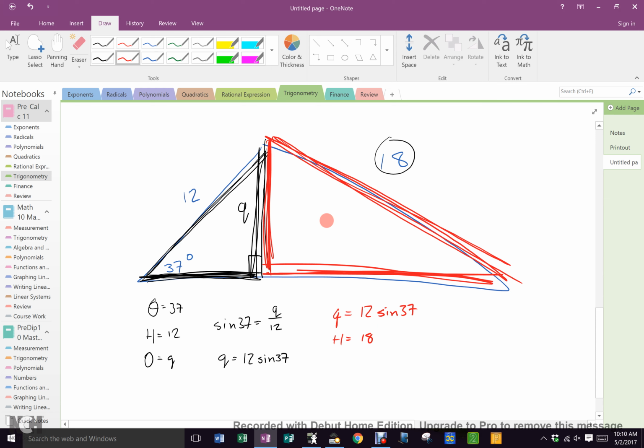Here? Right? Now, I'm going to tell you this angle right here is a theta. What is sine of red theta? Q over H, yes? What's Q? 12 sine 37 divided by what? 18. Everybody cool there? Everybody okay with that?